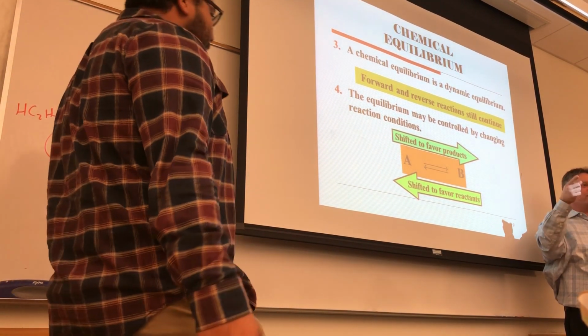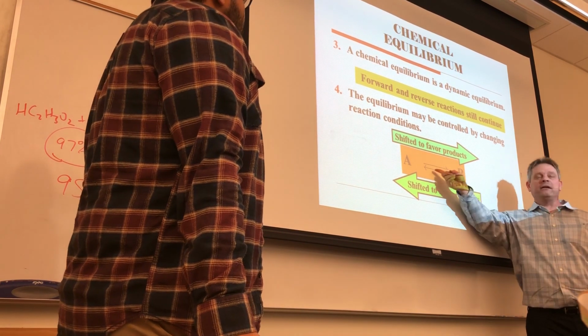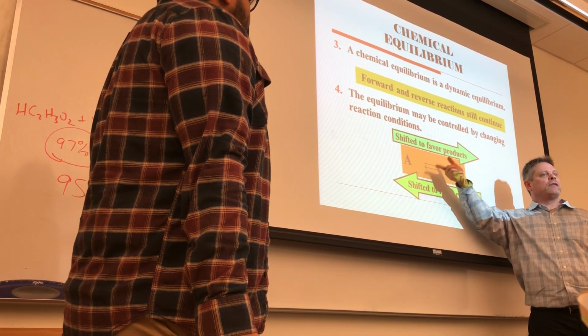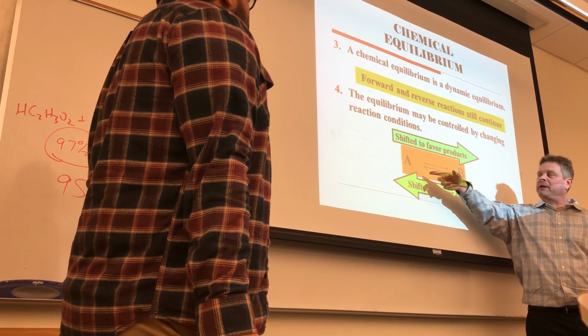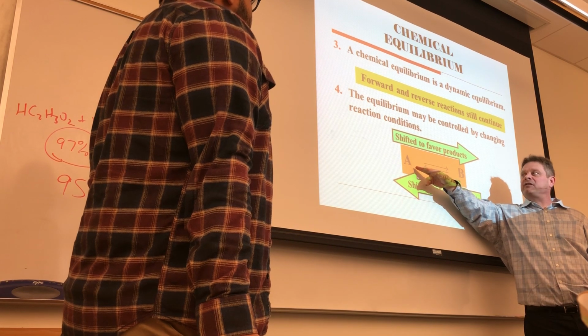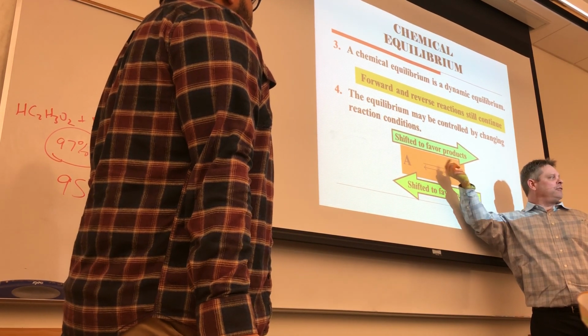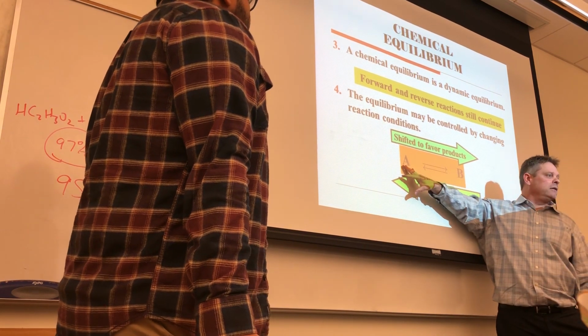Temperature, activation energy, orientation. If I change any of those, I'm now shifting to favor one over the other more or less. If I increase the temperature, and that increases A wanting to go to B, I now shift this equilibrium so that I have a greater concentration of B than I did of A.